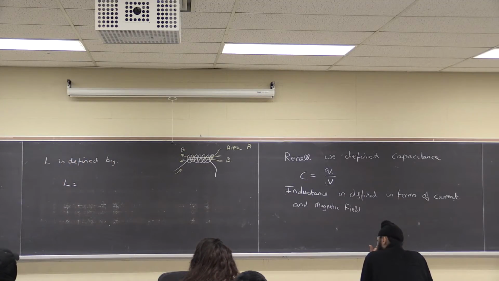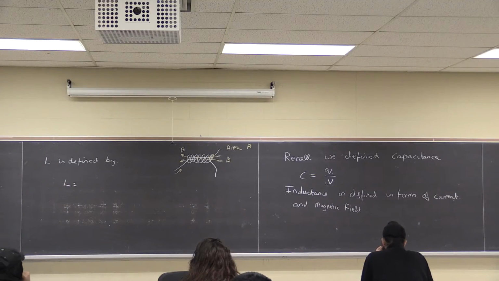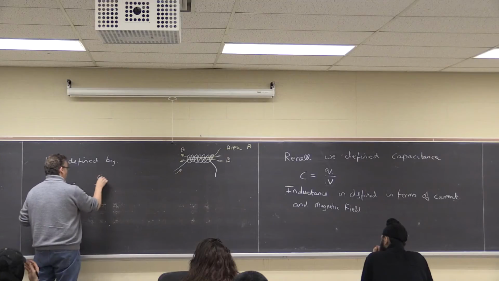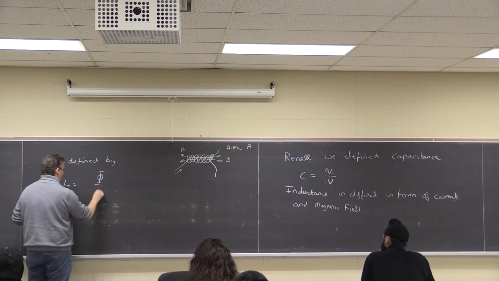It's just the flow of magnetic field through the areas, and if it's along the center of a solenoid, B and dA are going to be parallel to each other, so B dot dA is going to be B times A, where A is the area of a loop. So we're going to define it as the flux divided by the current.